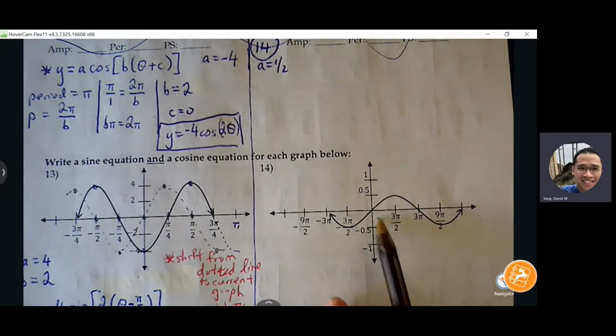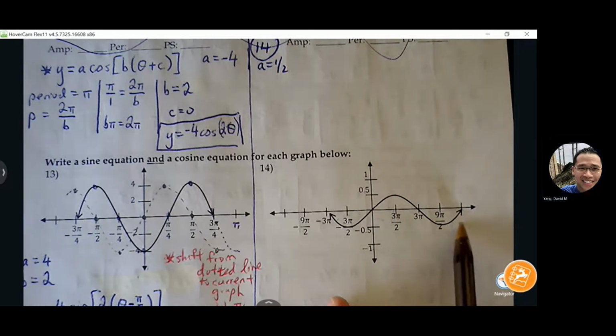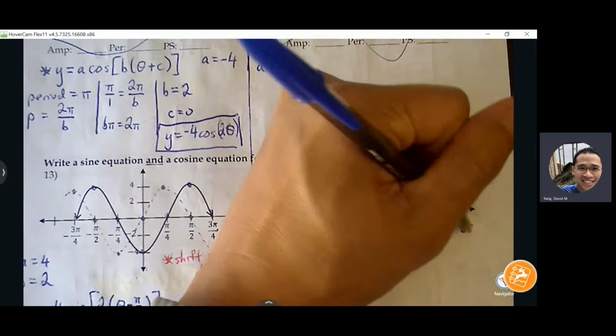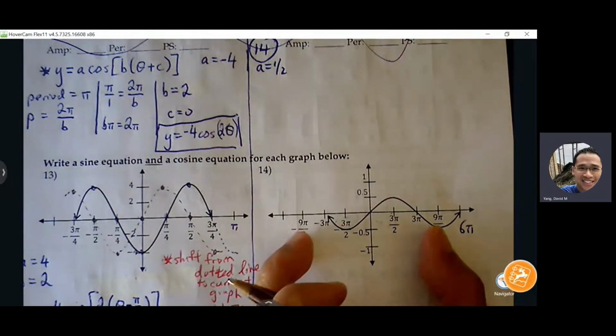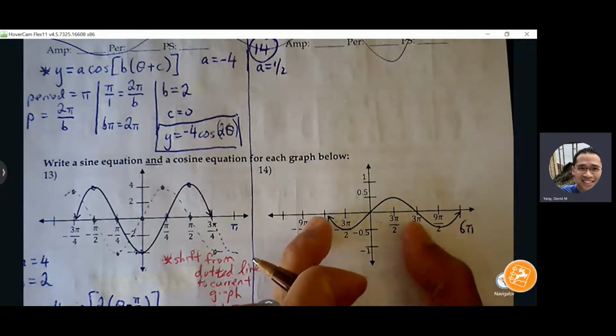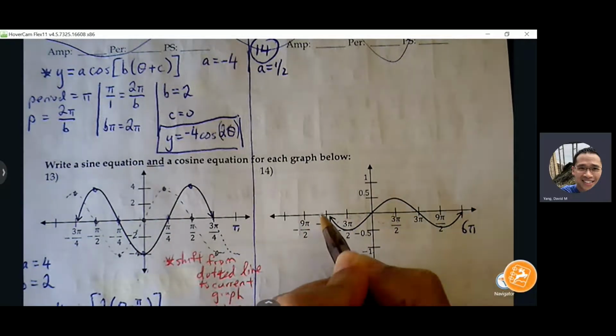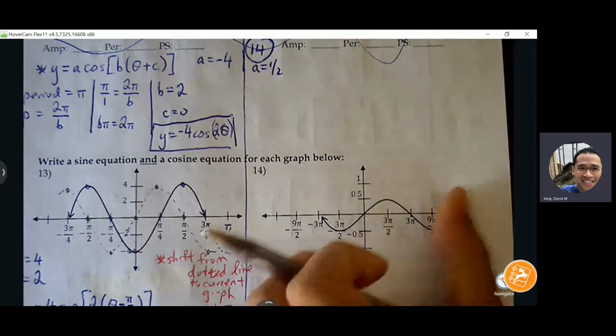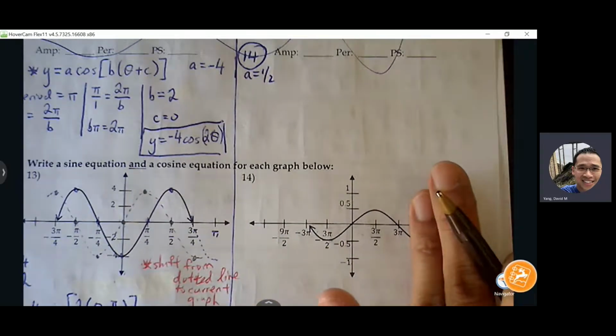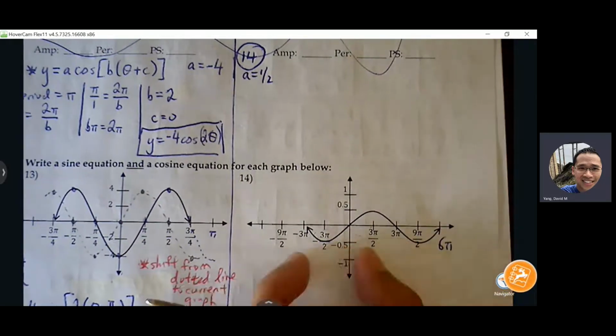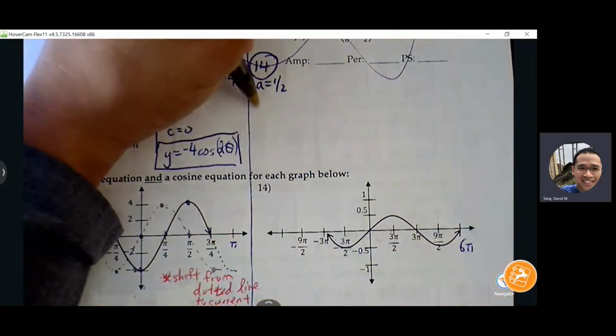So you can think of it as 1.5, 3, 4.5, 6. It's going to reach 6 pi here. Or you can back up a little and just go from center to center, right? So here, -3 pi, all the way to 3 pi. That's the full cycle. If I add those together, 3 pi plus 3 pi is 6 pi. So our period is 6 pi.